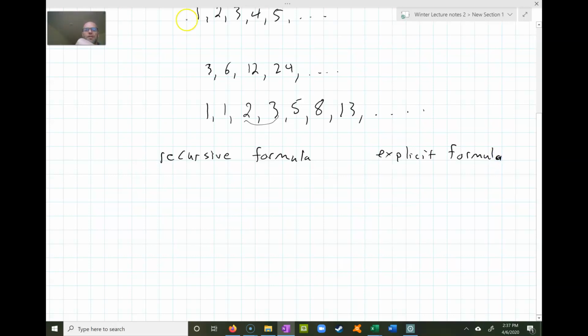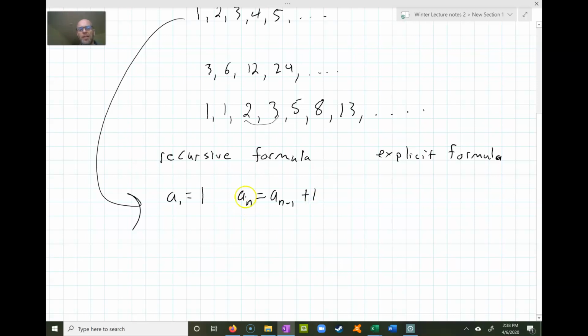For example, this first one, the recursive formula, basically tells you how to get from one term to the next. The way we write the recursive formula is usually we say the first term is 1, and then to get any term, we take the term before it, and in this case you would add 1 to it.